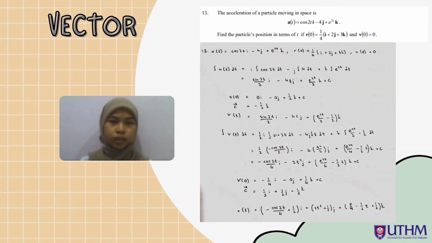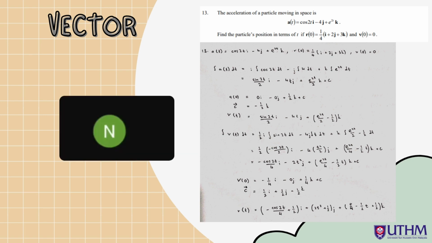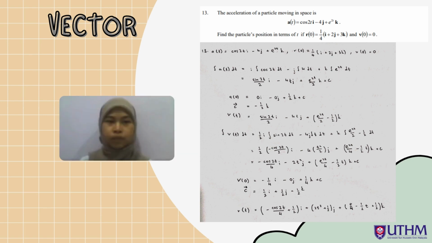For question number 13, the acceleration of a particle moving in space is a(t) equals cos 2t i minus 4j plus e to the power of 2t k. Find the particle position in terms of t if r0 equals 1 over 4 i plus 2j plus 3 over 4 k and v0 is equal to 0. Firstly, we need to integrate.